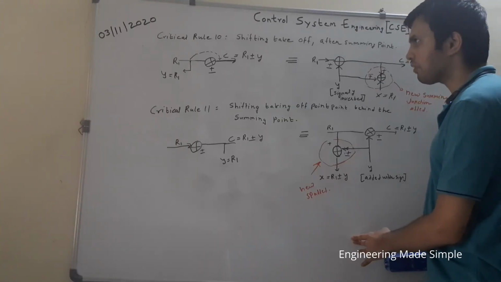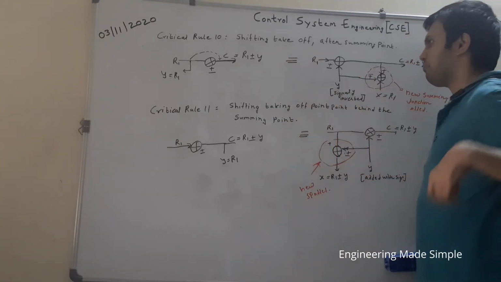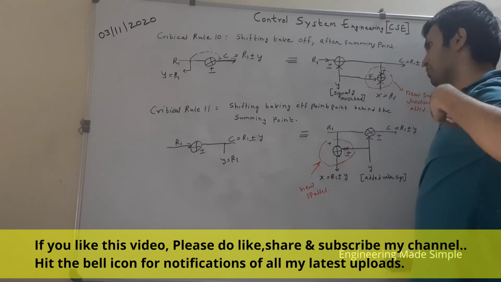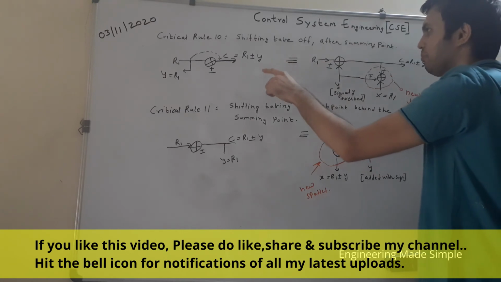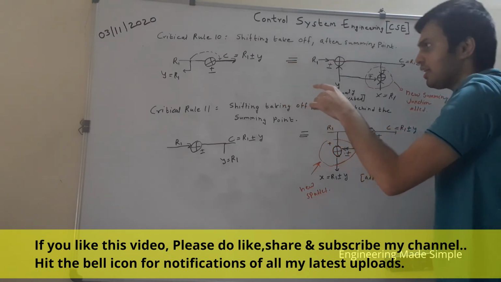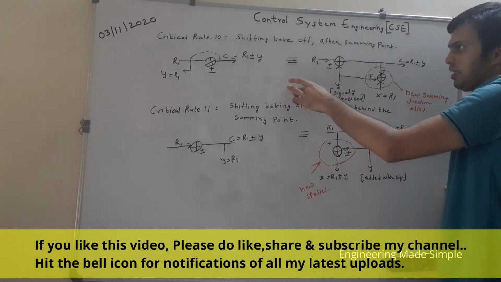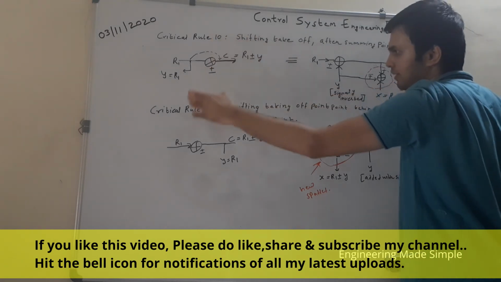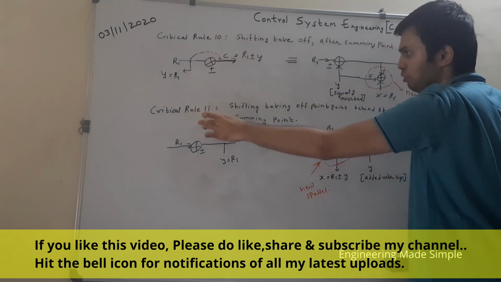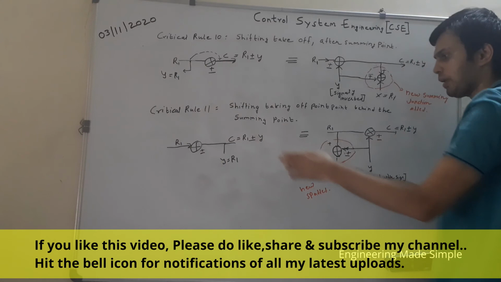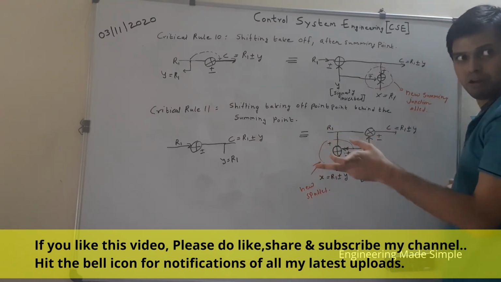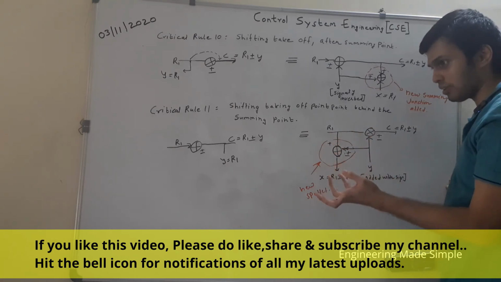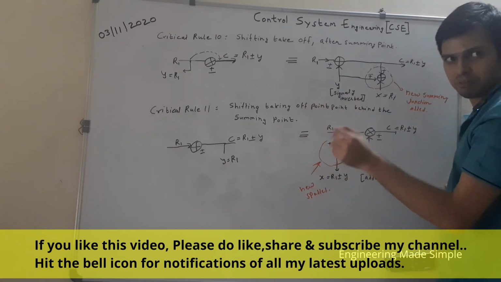Now we will move on to study critical rule number 10. Why critical rule? Because these rules are a little unusual and the manipulations are a bit complicated. One more important thing to note: critical rule number 10 and critical rule number 11 you should use only when, in a block diagram problem, you are unable to apply any of the rules from rule number 1 to rule number 9.